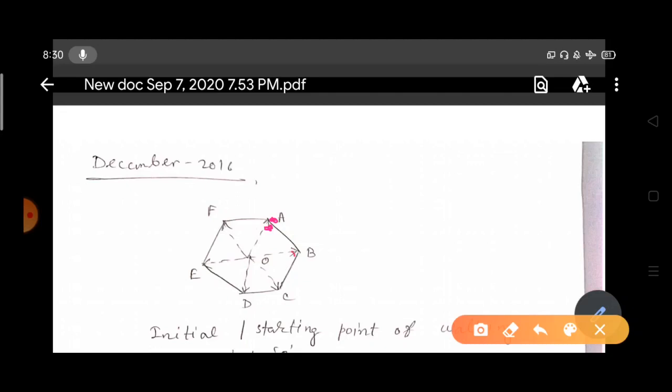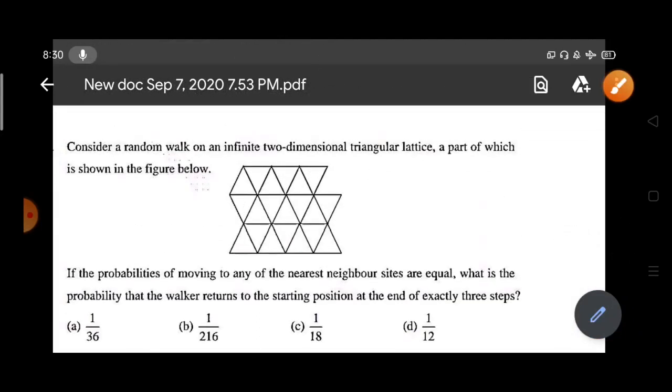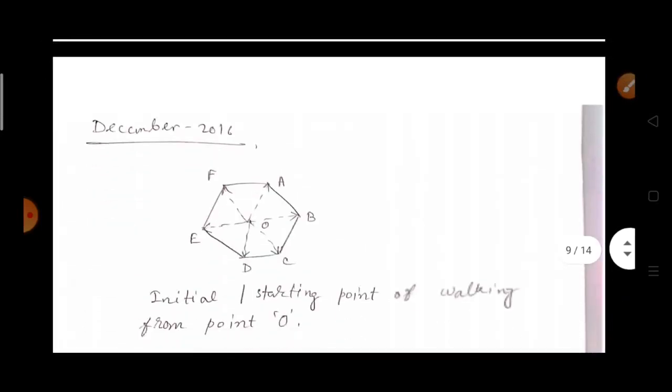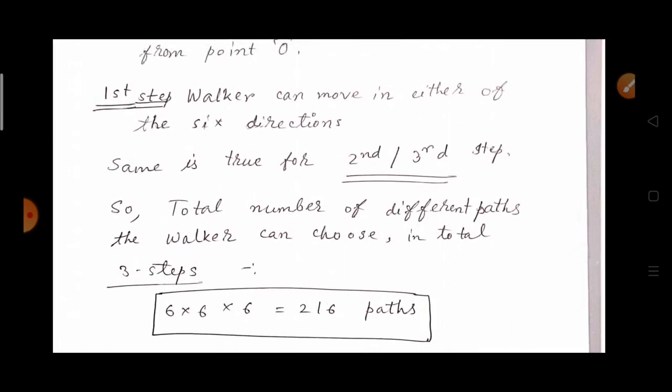If we start from here, we also can make six choices, because this is a lattice, and all points have a similar spatial structure. So due to the similarity of the lattice, we have similar problems if our initial position is anywhere within the lattice.